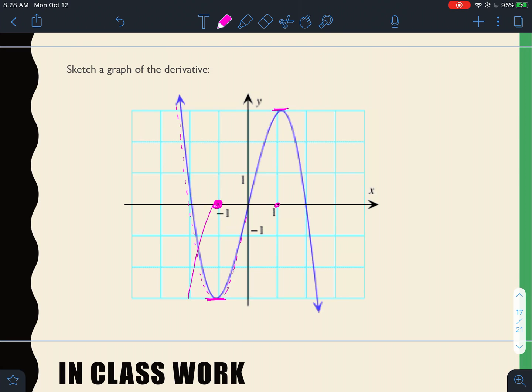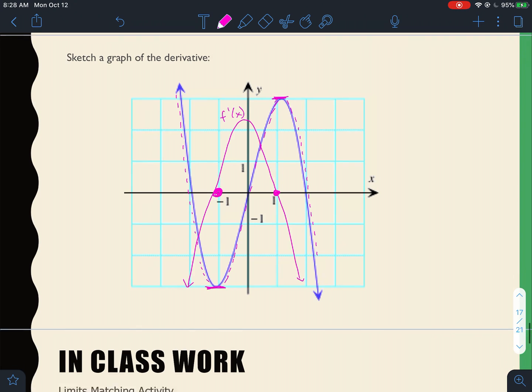And then after that, my function, the purple function, is increasing, so that means all of the derivatives, the slopes, would be positive, so they would exist above the y-axis. But I know that it's going to have to pass through this point, so it's going to go up and come back down. And then after that, the original function is decreasing, so all of the slopes of the tangent lines would be negative, and so they would exist below the x-axis. So that pink parabola would be the graph of the derivative of the original purple function.